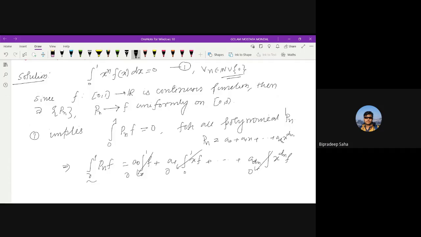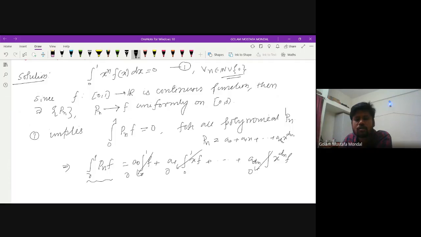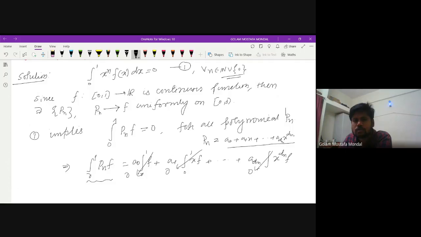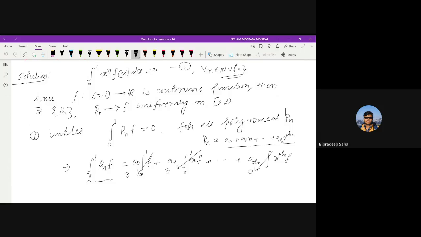Oh, I mean, (1) says that the product of x n into f of x is zero, and from Weierstrass's approximation theorem we know that there should be a polynomial converging to f. So, shouldn't this be the product of x n into P n is equal to zero?